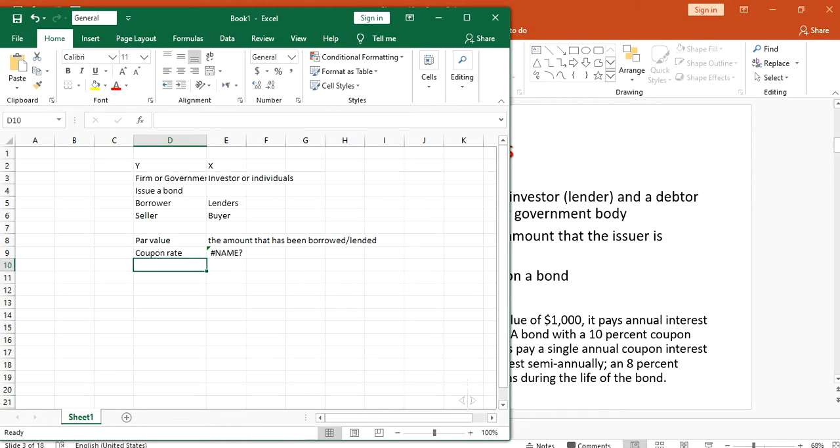Sorry for that, I have to remove that one. So it is the same as the interest rate. The guy borrows $1,000, but in return every year they are paying a percentage of this par value or face value.